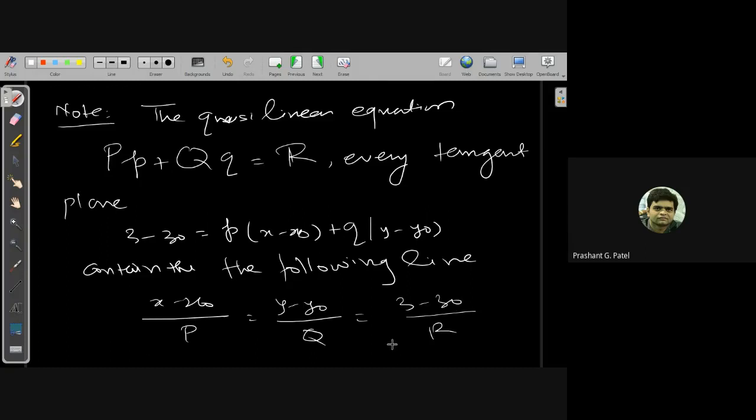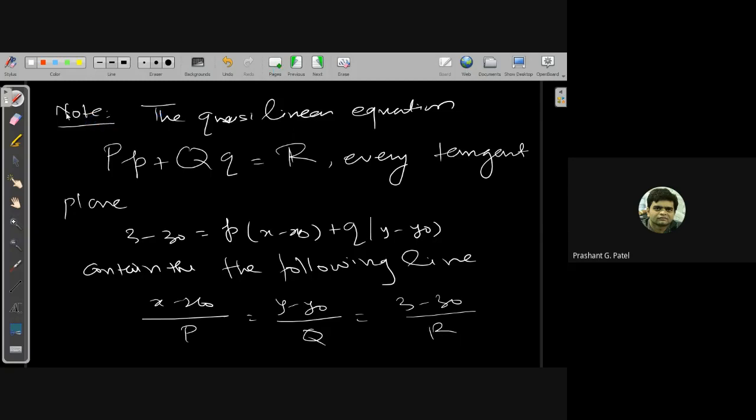This is a direction line and this is a tangent plane, and this P, Q, R is in the direction of the normal, direction of the tangent, and this x0, y0, z0 is the vertex, which is a point. So this line will satisfy it. Hence the Monge's cone is generated by this straight line at each and every point.